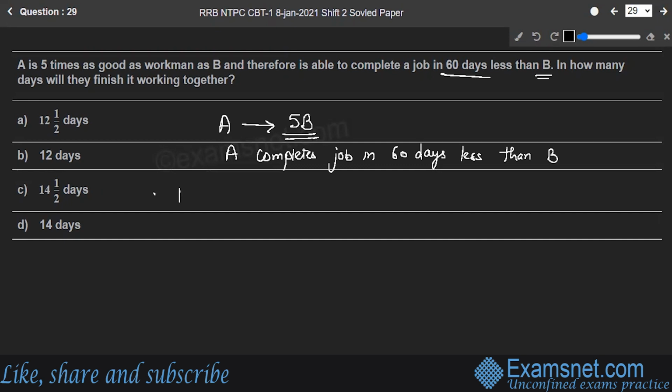Okay, one thing. Do remember this formula: work is equal to efficiency into time.